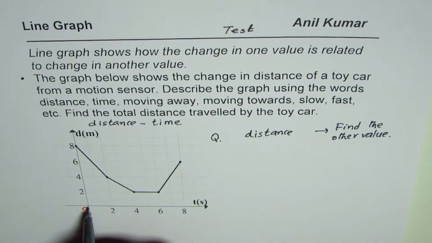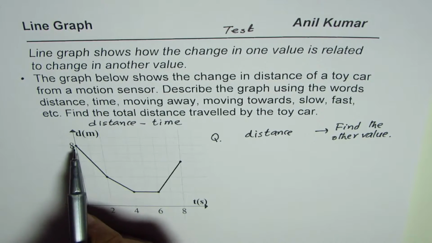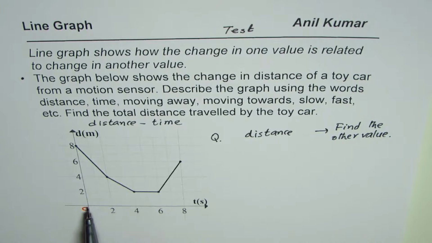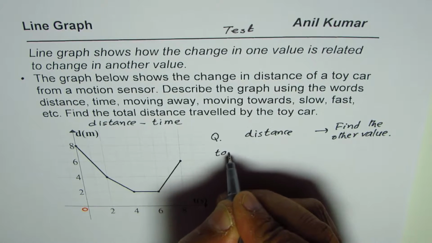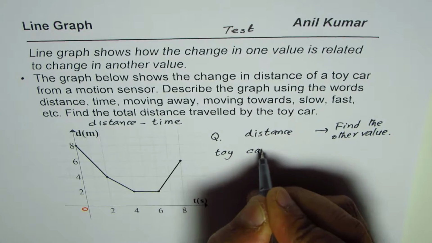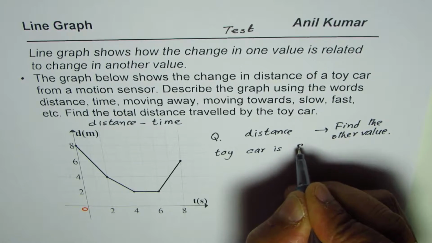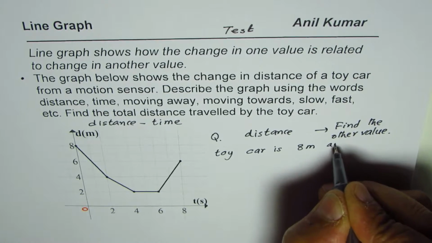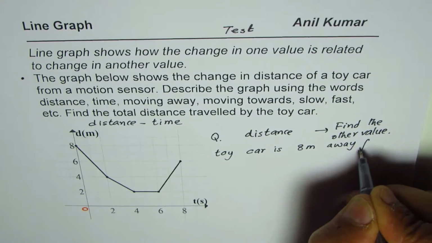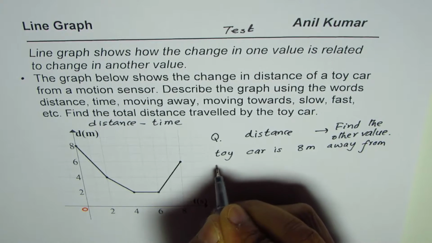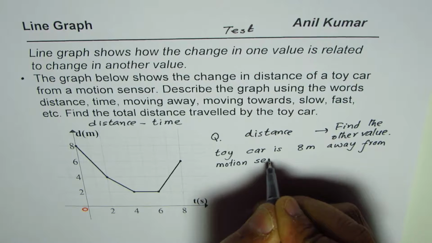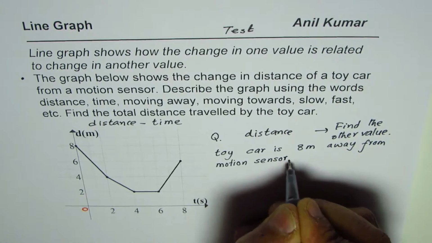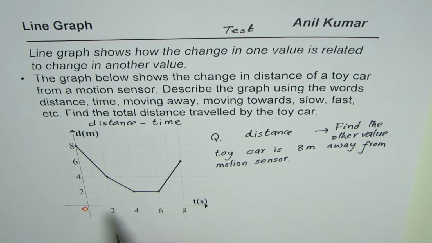Now let's describe. What happens to start with? The toy car is 8 meters away from the motion sensor, right? To start with, we can just say toy car is 8 meters away from motion sensor. And then what happens?